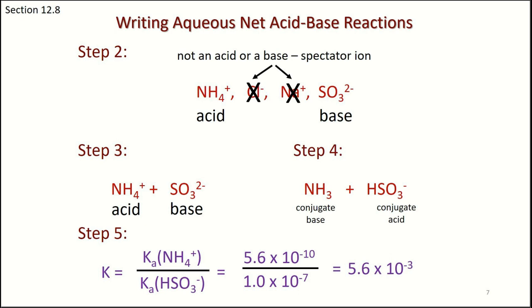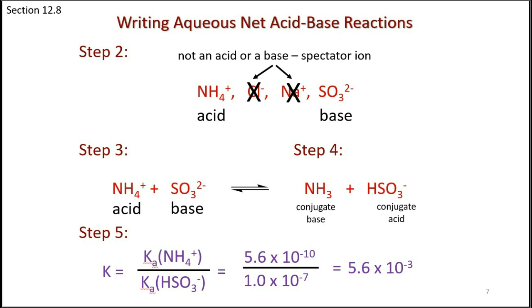Dividing these numbers, we get a value of 5.6 times 10 to the negative third. This value is less than 10 to the positive third. Therefore, this reaction will exist in equilibrium. So we will show an equilibrium arrow.